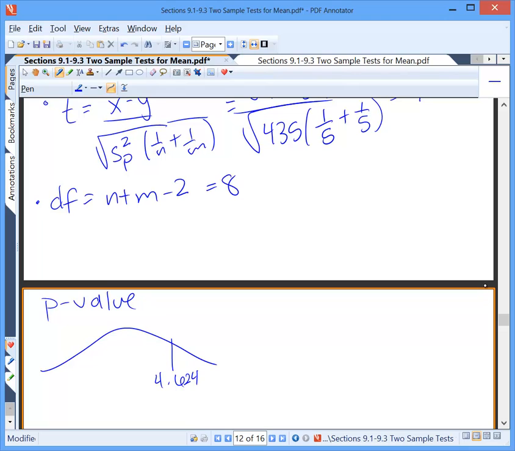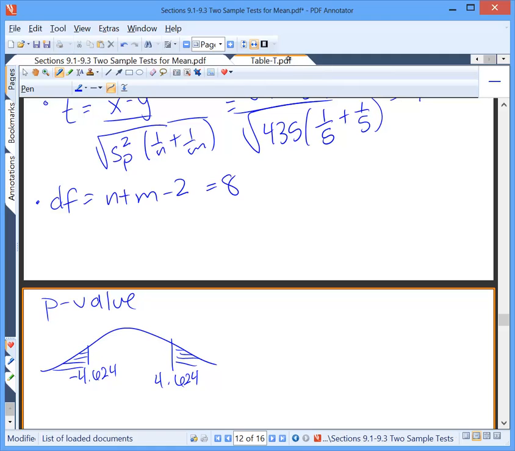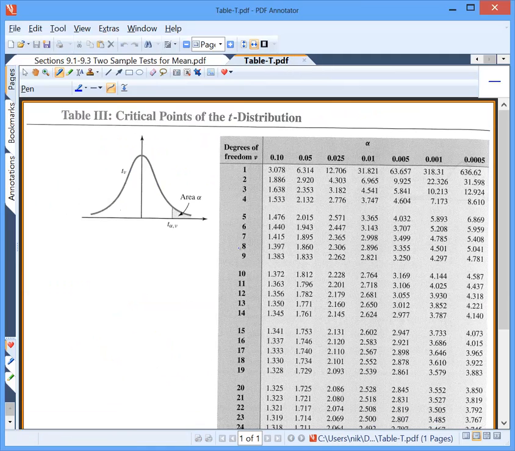Now when you look at your alternative hypothesis, that was a not equal to, which means we are interested in the area in both tails. So we have 8 degrees of freedom and a test statistic of 4.6. Let's go to our t-table. We have 8 degrees of freedom. We're looking for 4.6. That puts it somewhere about here. So my area in that tail is between 0.001 and 0.0005.